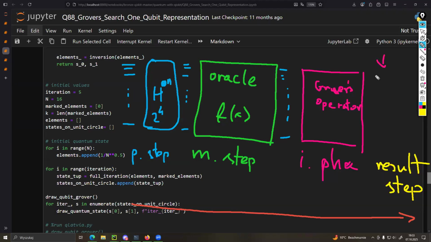But in other words, here we measure. Here we measure our entire state. So this is the complete view of Grover's algorithm, how it looks in terms of operators from a bird's eye view.